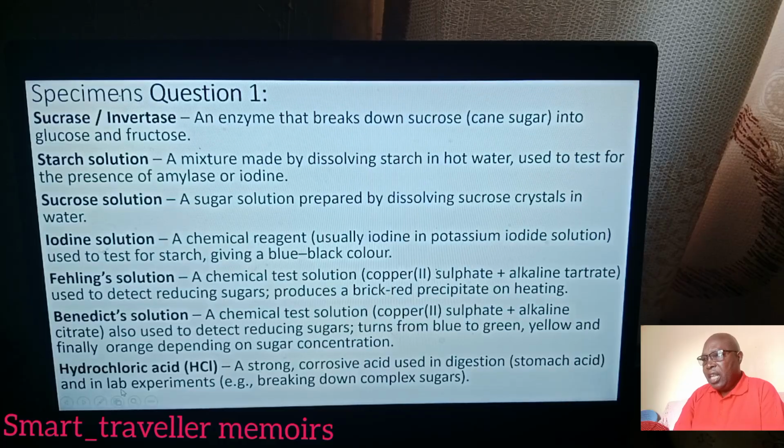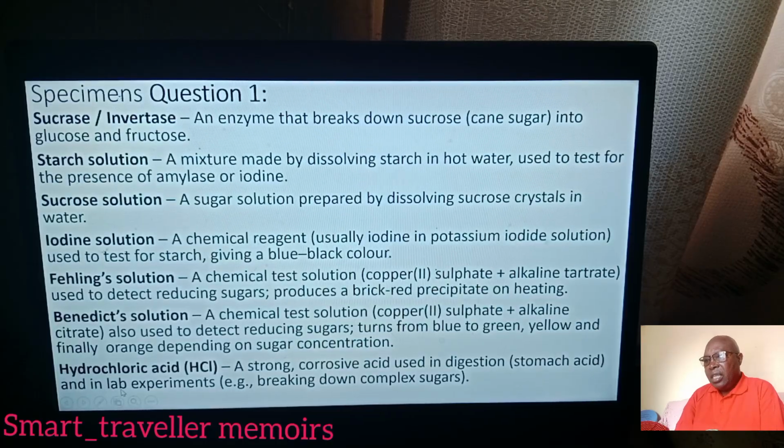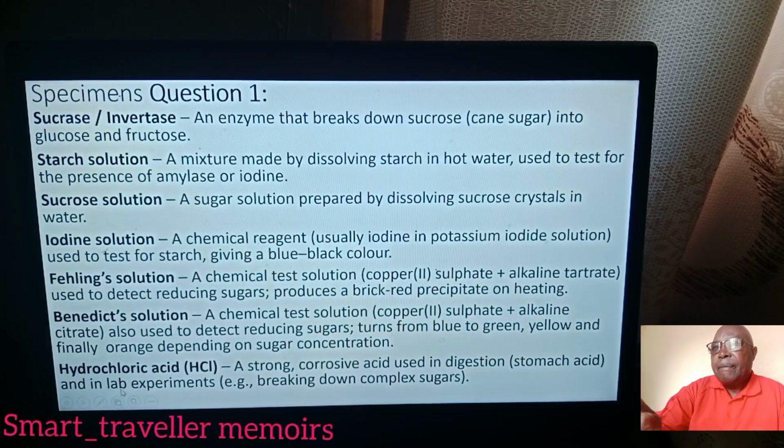It turns green, yellow, or brick red or orange, depending on sugar concentration. We don't like using the word brick red, we say orange. Hydrochloric acid is a strong corrosive acid used in digestion, sometimes called stomach acid, and in lab experiments it is used for breaking down complex sugars.